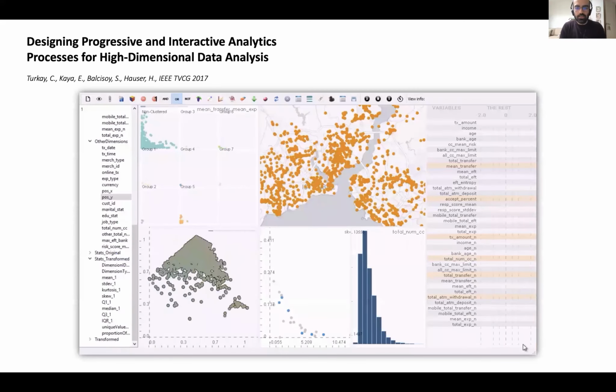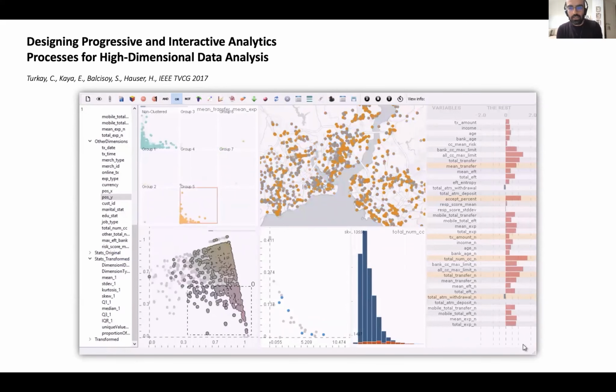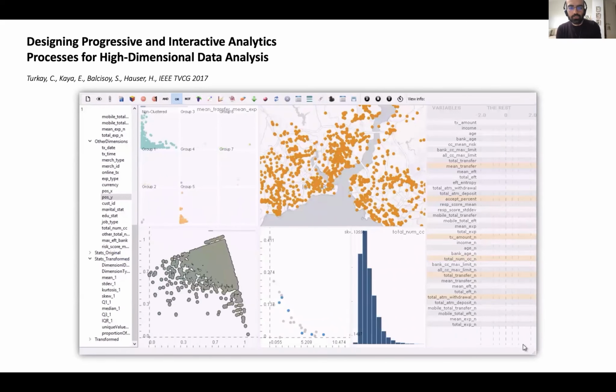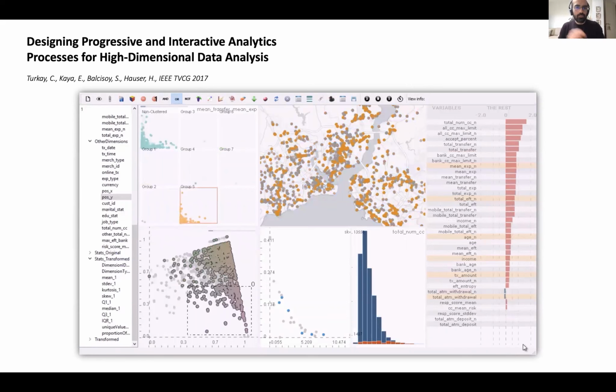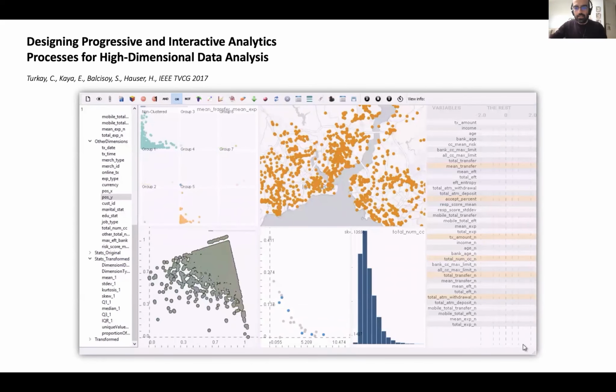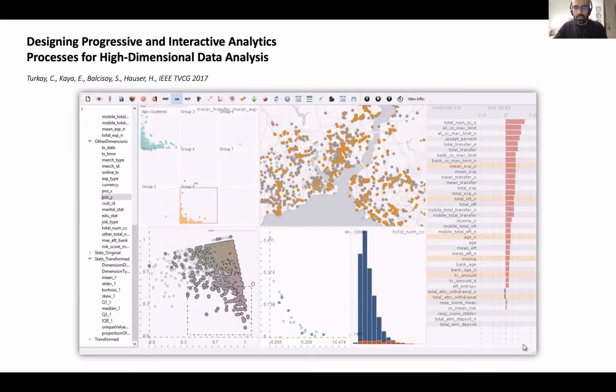And one work that we started at the end of my PhD in Bergen, and then I followed on later with other collaborators, is looking at progressive techniques in this analytical process.